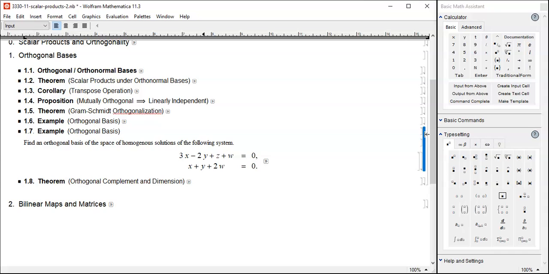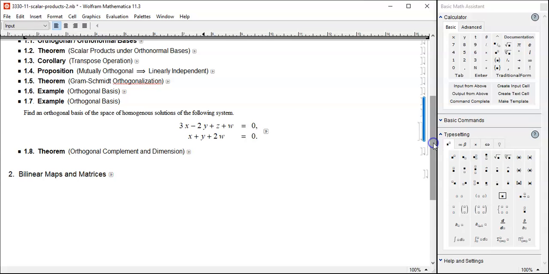Let's see, find an orthogonal basis of the space of homogeneous solutions of the following system. Okay, space of homogeneous solutions. If it is non-homogeneous, then it's not a subspace, but space of homogeneous systems of equations, then yes, it's a subspace. So how do you find it? Well, solve this system, and then you can find out vectors.